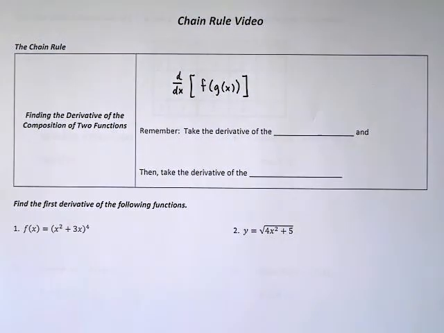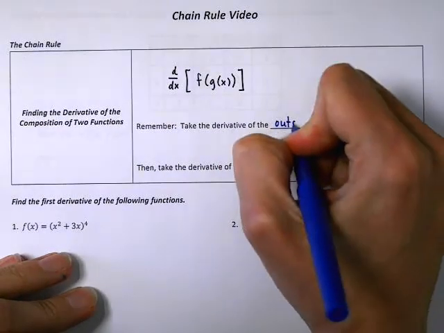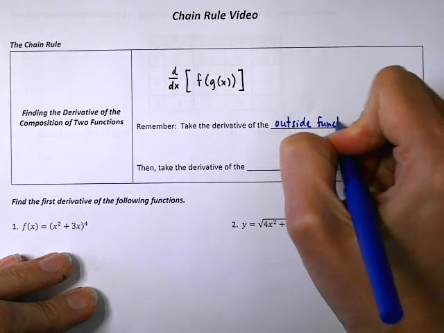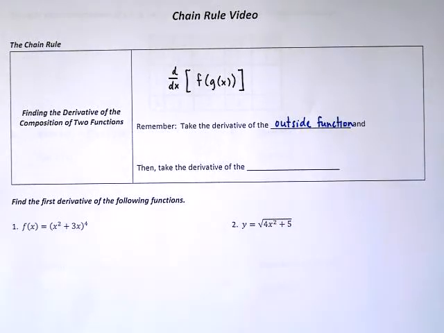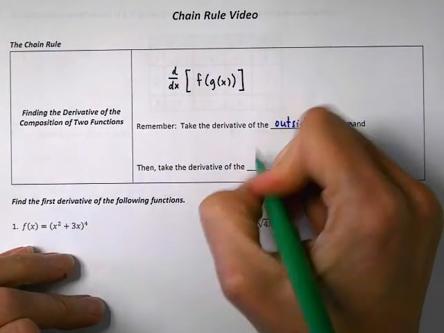Now, I'm going to be using a lot of color today to help us walk through this. So the big idea here is we're going to take the derivative of the outside function first, and then we're going to take the derivative of the inside function.